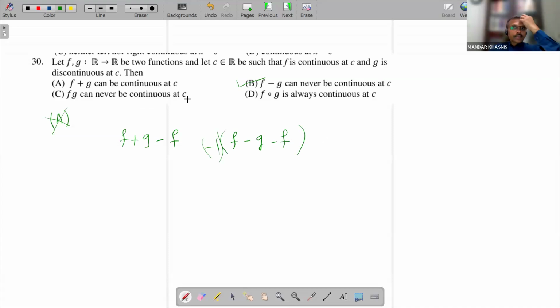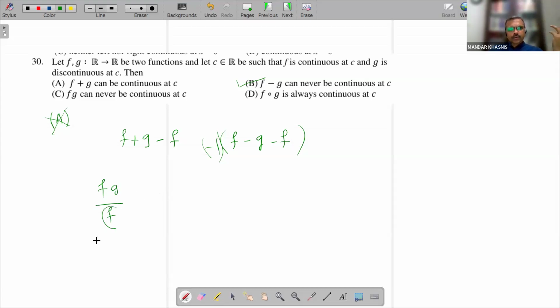Then FG can never be continuous at C. Do you see that? Again, that is to be understood. That is only when F is non-zero. Understand? Because otherwise the same logic can be applied: if FG is continuous, then FG upon F, which is G, is also going to be continuous by the algebra of continuous functions.